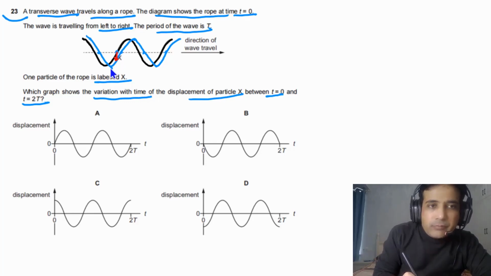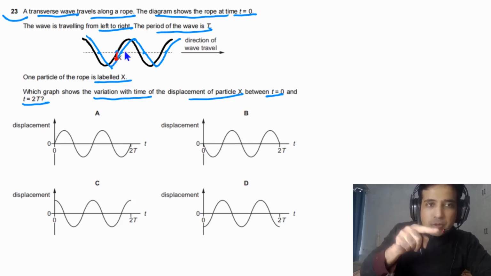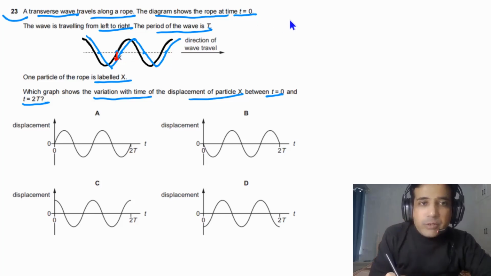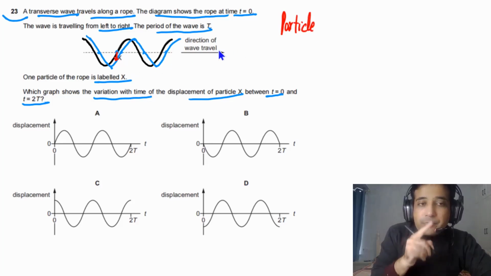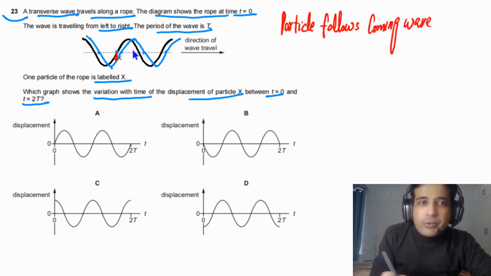This particle is at equilibrium, so it will go down and follow the wave. Or in a very simple way you can understand: particles follow the coming wave. Even if you don't draw this one, you can understand the motion of this particle.